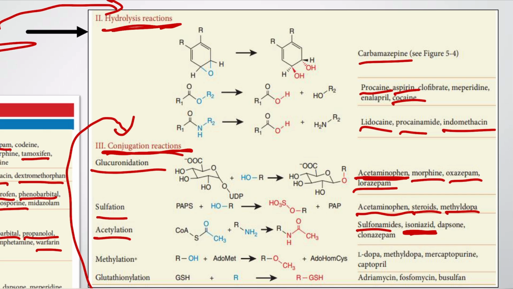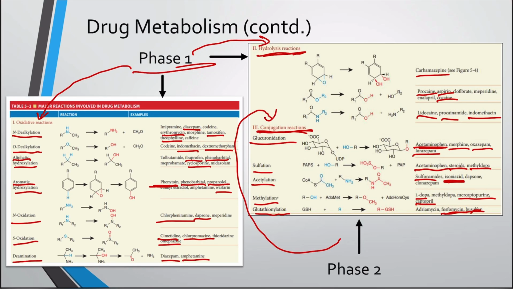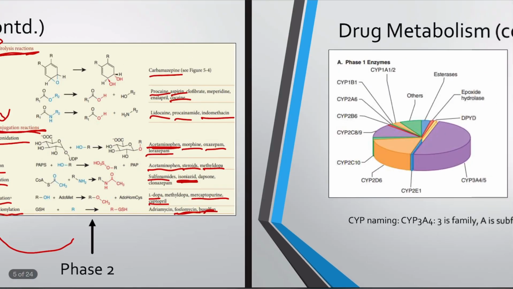Next is methylation in the case of L-dopa, mercaptopurine, and captopril. Then glutathionylation in the case of busulfan and fosfomycin. So these are examples of drugs metabolized by the particular phase 1 and phase 2 reactions. Now coming to the next slide.